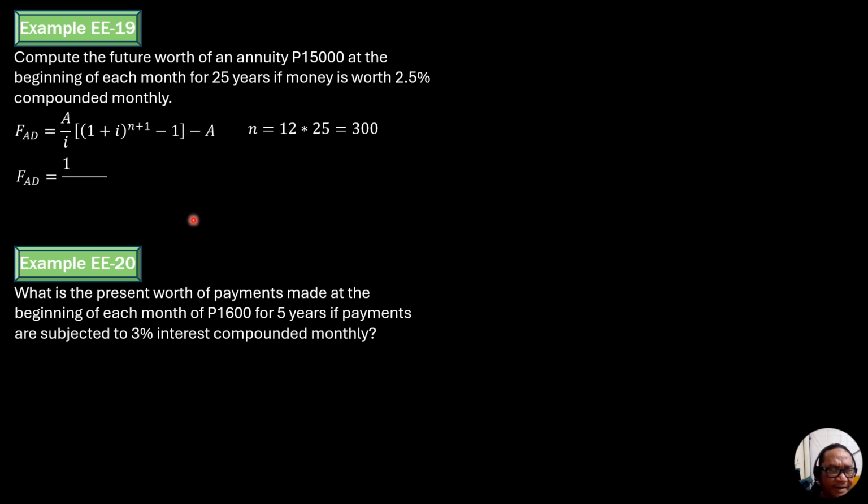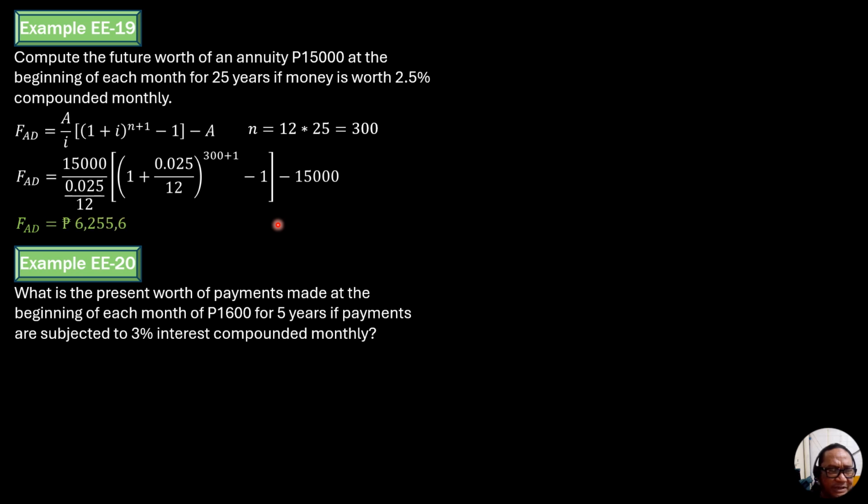So F, annuity due, is 15,000 over 0.025 over 12, quantity 1 plus 0.025 over 12, raised to 300 plus 1, then minus 1, then minus A, which is 15,000. Solving for that, FAD is equal to 6,255,624.